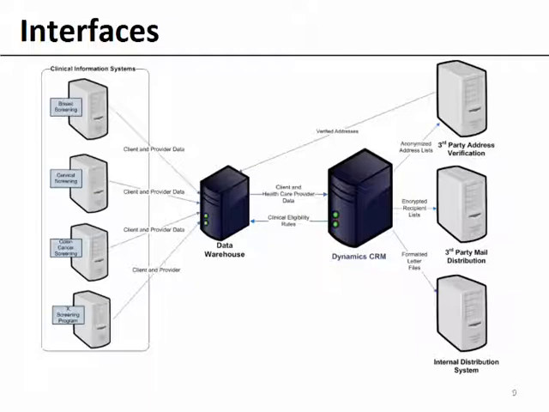It stays there, it doesn't go back anywhere else. So within CRM is where we're managing all recruitment and recall functionality, and then the output from CRM is formatted letter files, if they're going to print them internally and send them off, or an encrypted recipient list data file that goes to a third party for distribution.